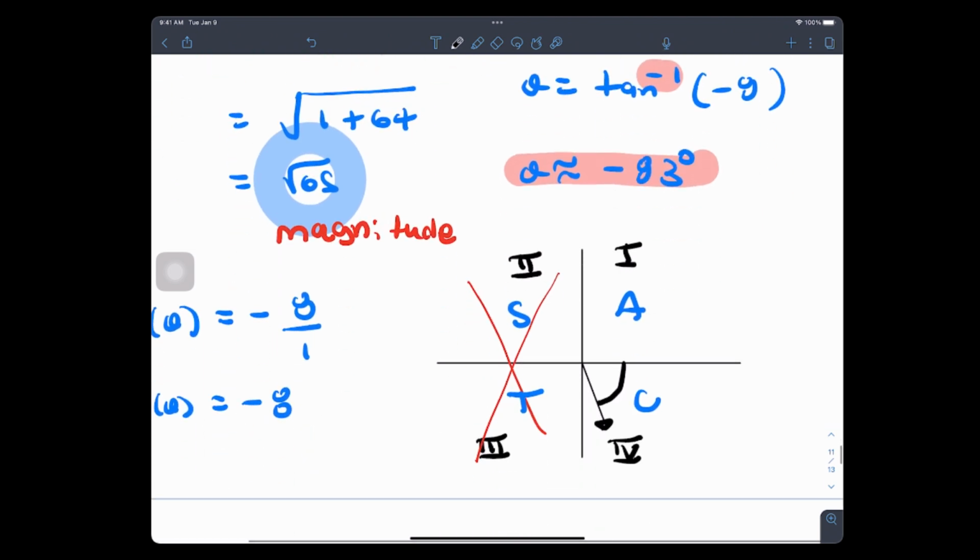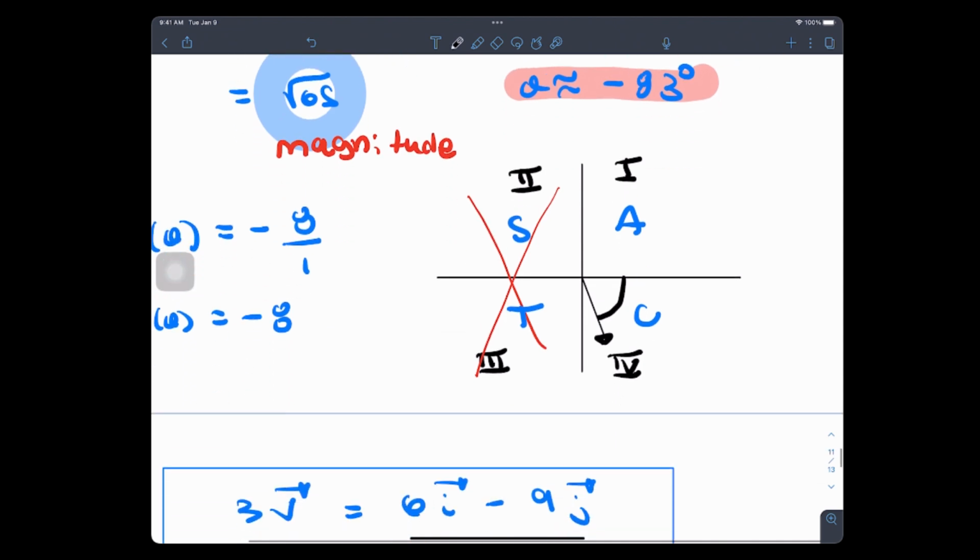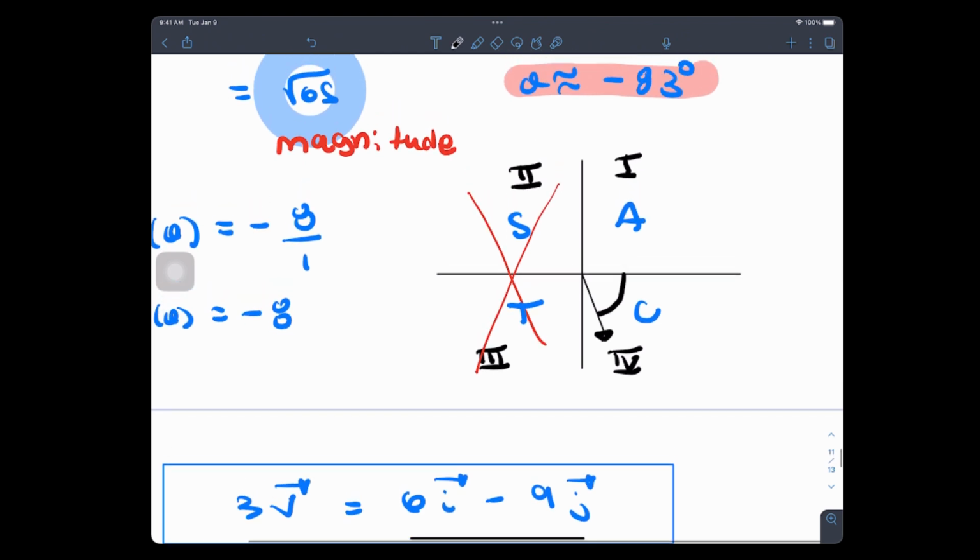What if it was in quadrant 3? Uh-oh. Yeah, let me share with you guys that. So is 1, negative 8 in quadrant 4? The answer is yes. So this vector is in fact in quadrant 4. So you're happy about that.